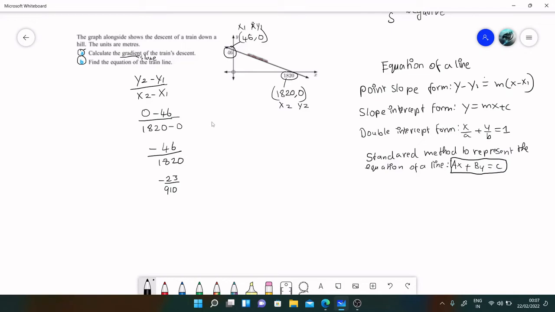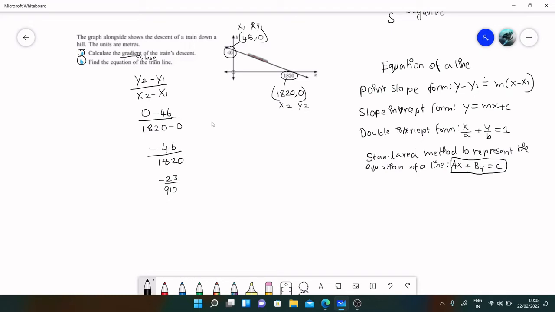Over here, if you actually find the decimal value of this fraction, it will be pretty long.